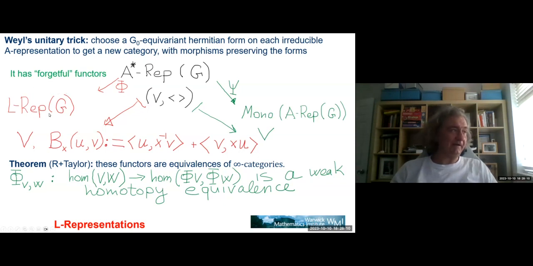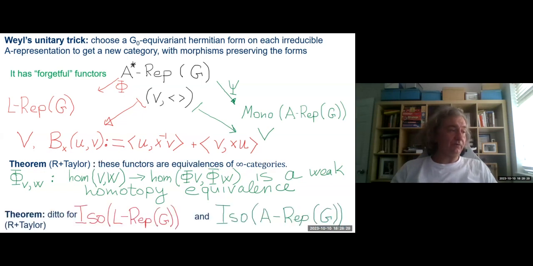So the categories L rep and A rep are equivalent as what's called topological categories, homotopy equivalent as topological categories, or equivalent as infinity categories.